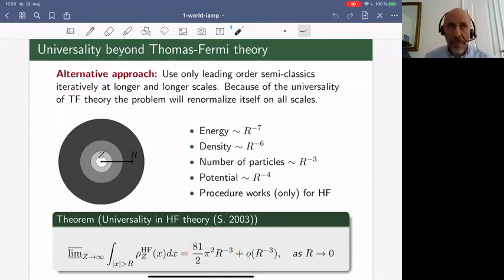And using this behavior, I was able to prove upper and lower bounds on the ionization energy, and an upper bound on the maximal ionization, but only in Hartree-Fock theory.